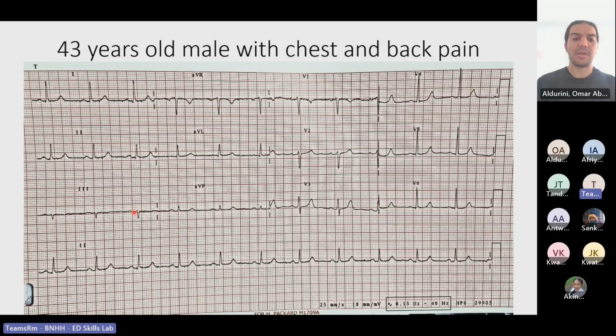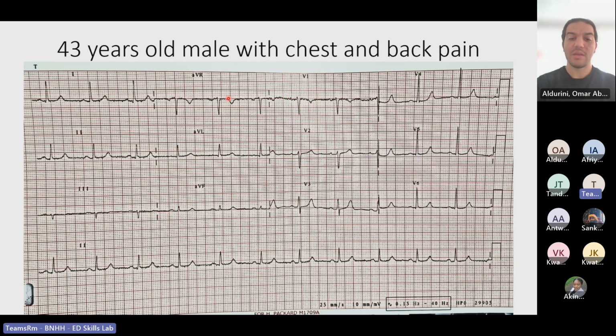The next step is I will look if there are any signs of ischemia that we spoke about earlier today. Is there any T wave inversion, or are the T waves pointing downward in places where they should point upwards? Sometimes someone will ask me about the T wave in aVR and V1, pointing downward.